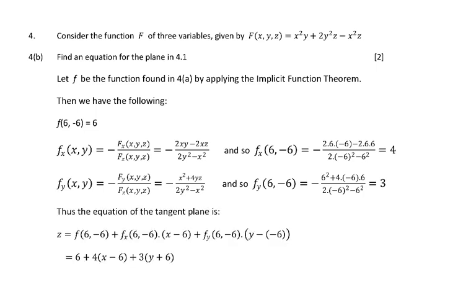Finally, we can use the standard form for the equation of the tangent plane. That is, z is the function value at the point plus the partial derivative with respect to x at the point times x minus 6. That 6 is the x coordinate of the point, plus the partial derivative with respect to y at the given point times y minus the y value of the point, which is negative 6 in this case.